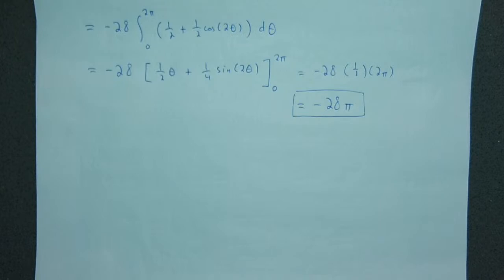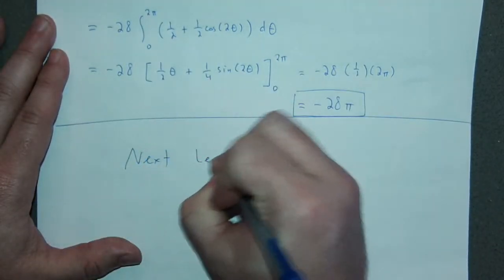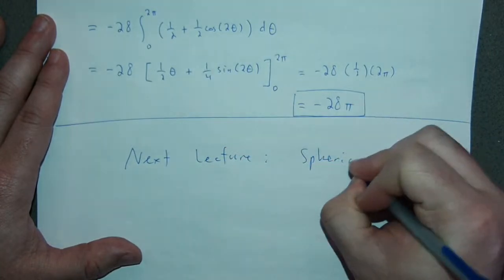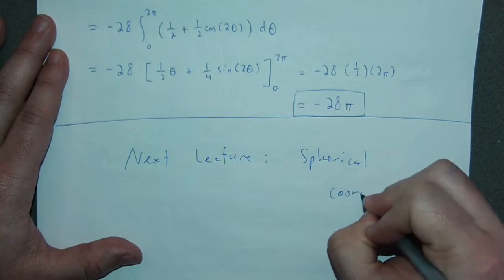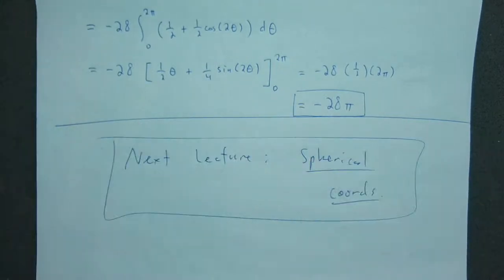Now, I think it's a good stopping point here to separate this from what's going to come next in terms of spherical coordinates. So I think what I'll do is I will end the lecture here, and then in the next lecture, we will begin the discussion of spherical coordinates. So next lecture is spherical coordinates, which is yet another way of expressing a region in space.